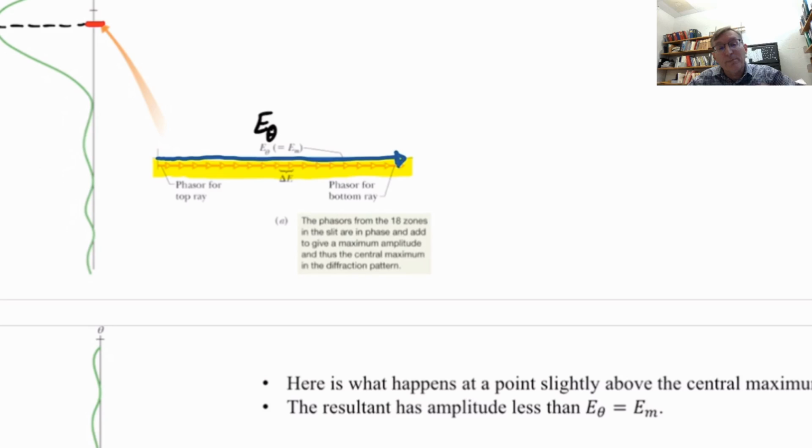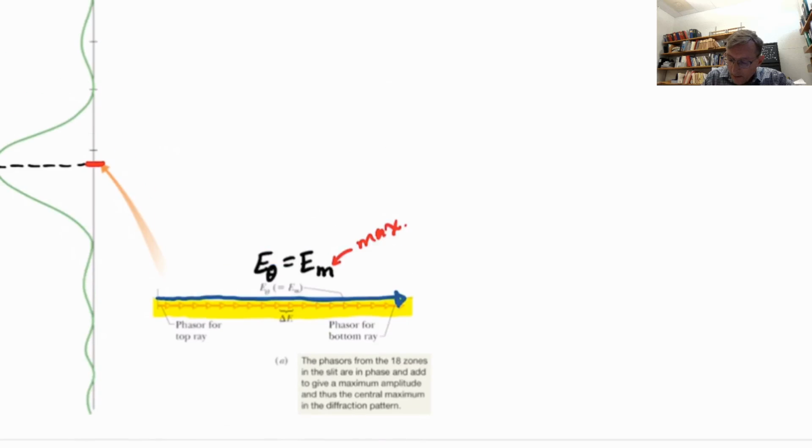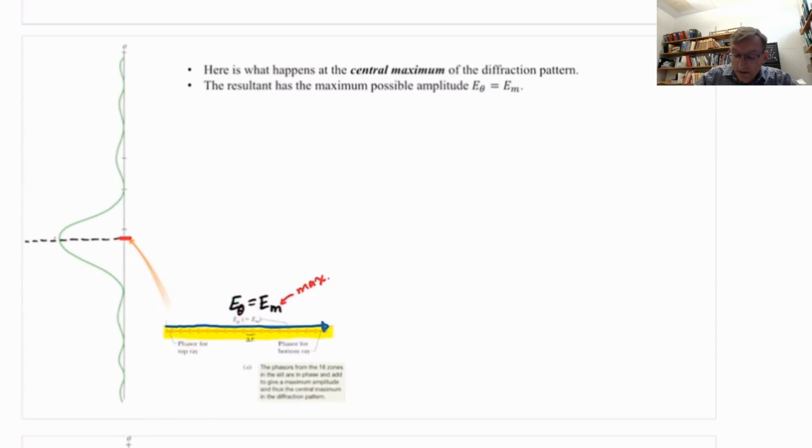And this is the biggest amplitude we can possibly get when all those little phasors for the individual wavelets are all lined up exactly in the same direction. Okay? And so they call the amplitude in this case M for maximum. So we get the very largest amplitude of the resultant that we can get. We'll call it E max.